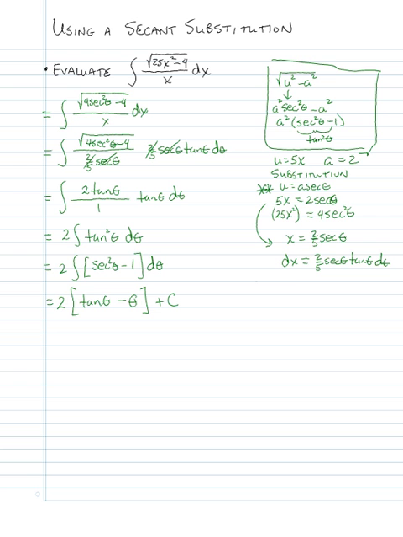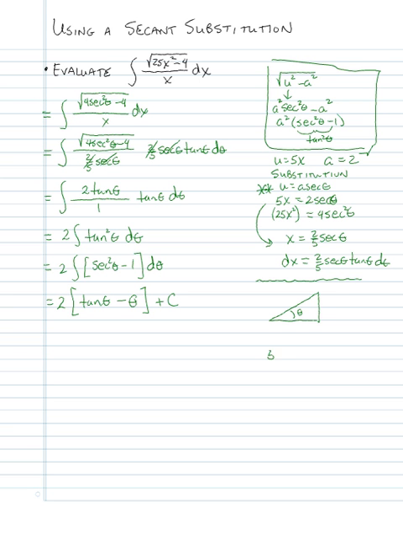Now, what's left for us is to set up our right triangle that represents our situation here, okay? And so our right triangle would look like this. Here's our theta. Now, here's what we started with.